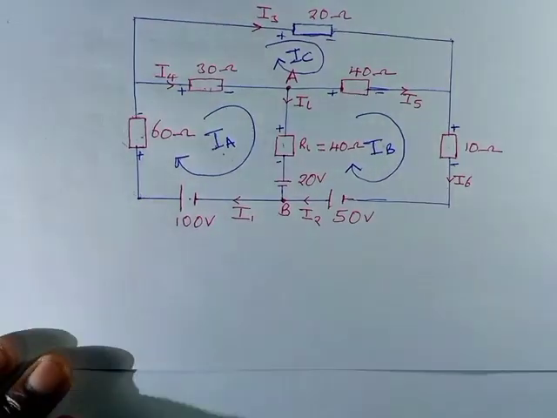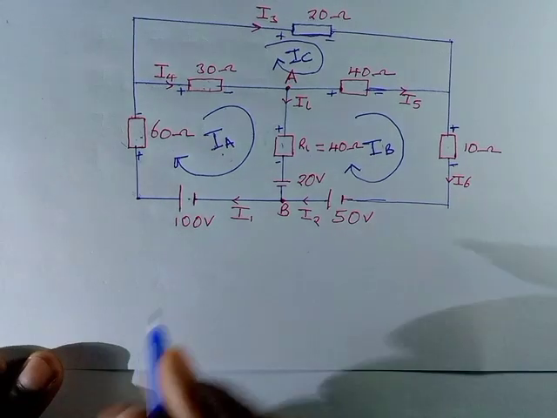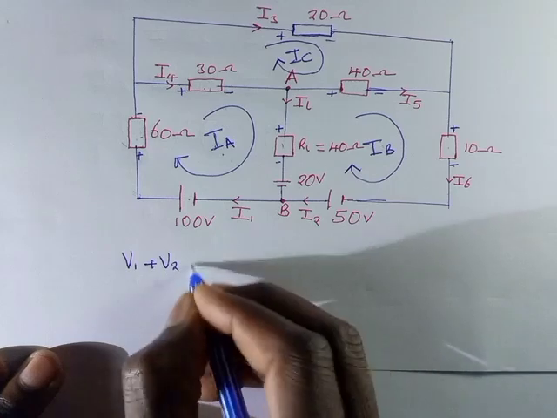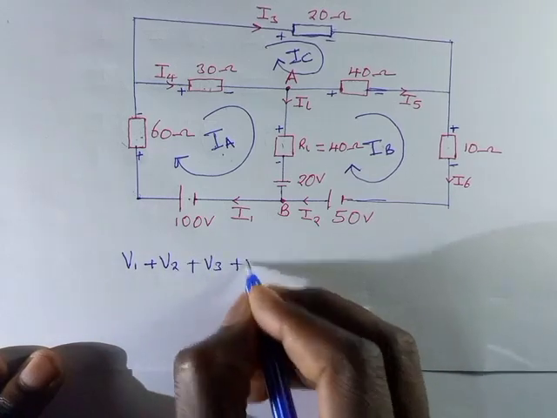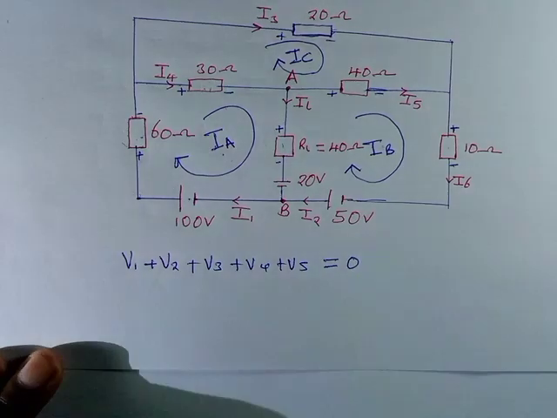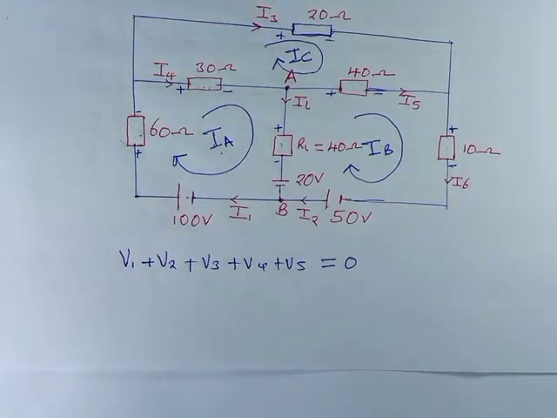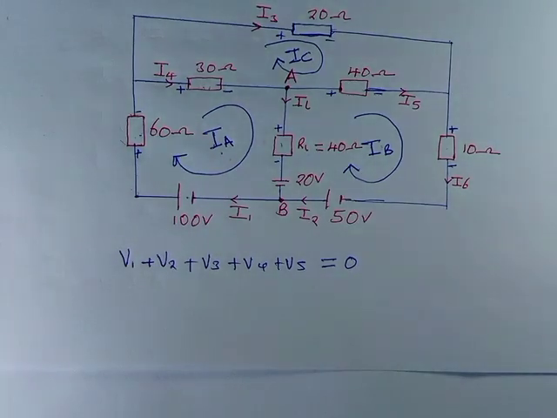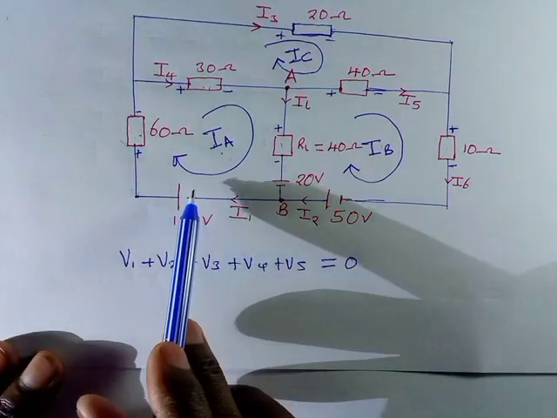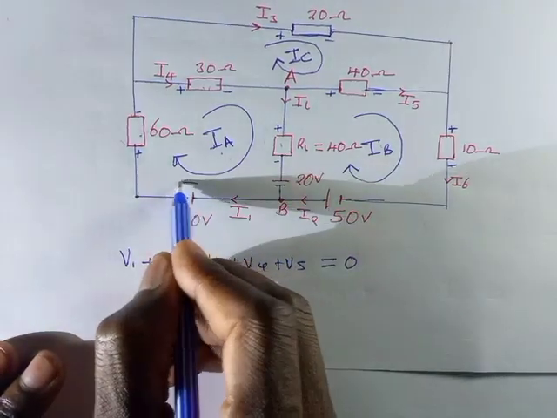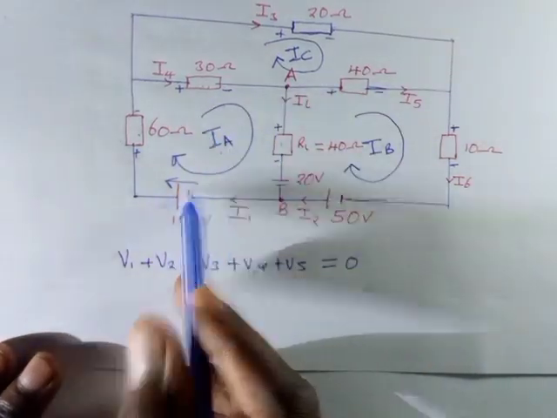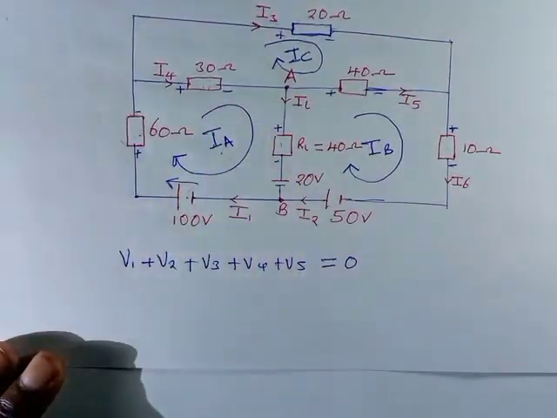All you need to do in this case is something like this. In the first mesh, if you want to come up with an equation using KVL, say V1 plus V2 plus V3 plus V4 plus V5 equal to 0, because according to KVL, the summation of voltage in a closed loop has to be equal to 0. How many voltages do you have? Remember, we are traversing in the same direction as the current, meaning that this is going to have a positive, that will have negatives.